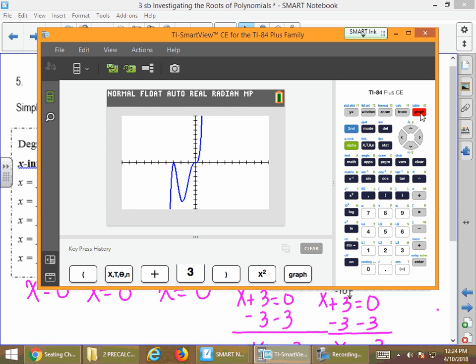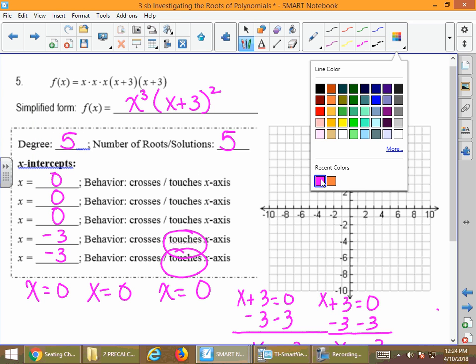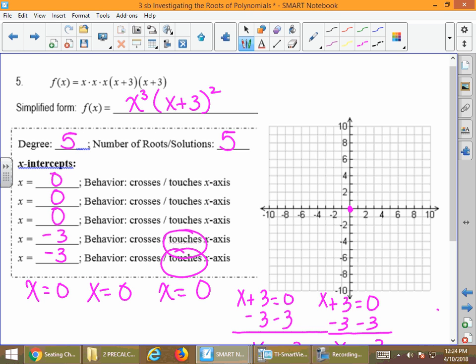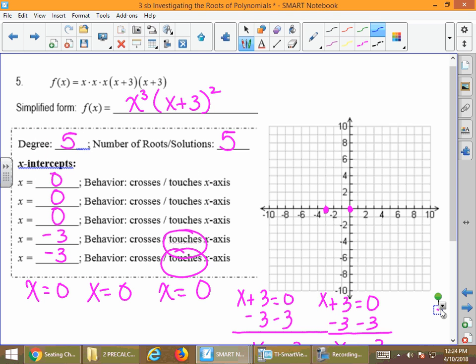Picture's a little bit wacky, but it does fit on our screen. And as we draw that here, I don't know why I didn't put that in already, but I've been putting the roots in first. We've got our 0 here and our -3.